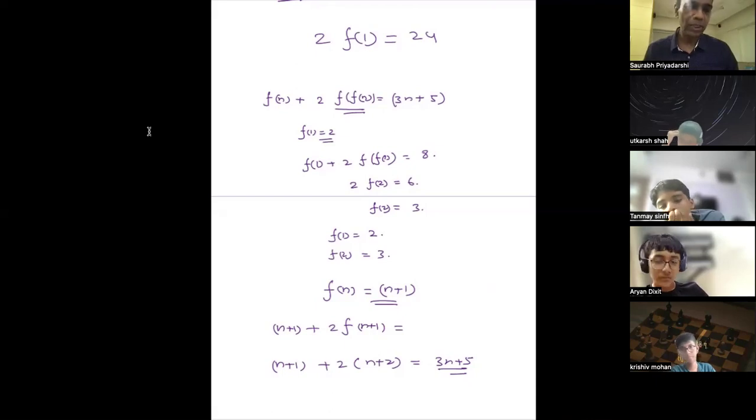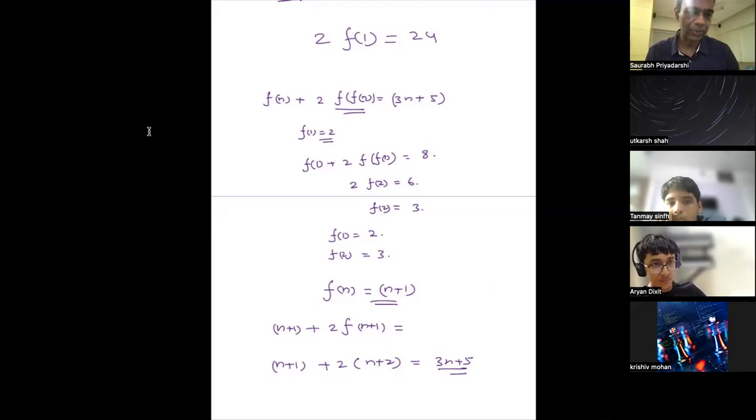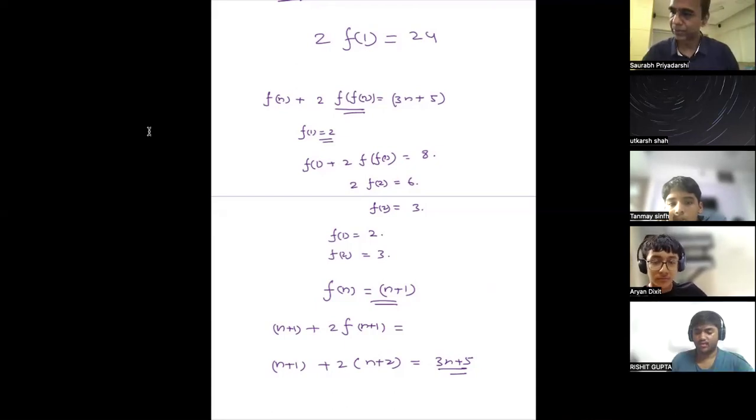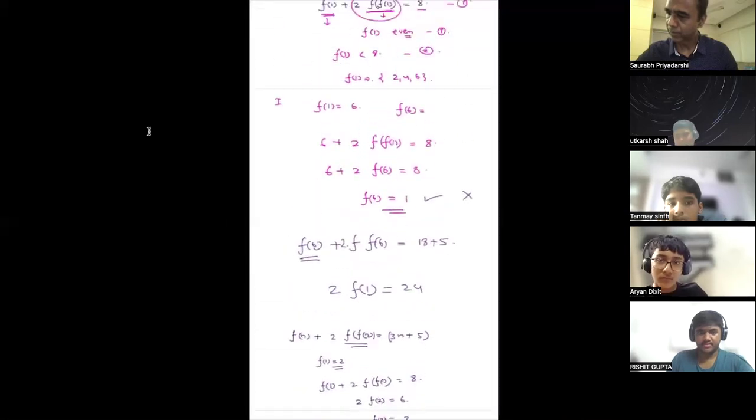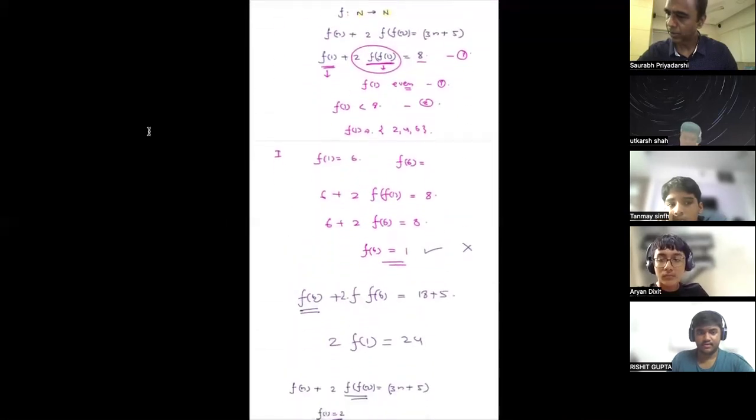So in the composite function, it is possible you will get this. Few of the numbers are very important, right? If you are able to see the numbers now... Can you show the page where we got the value f1 equals 24 or 6 only?